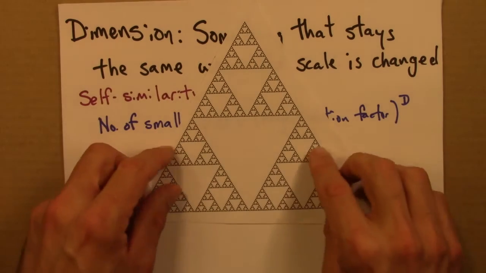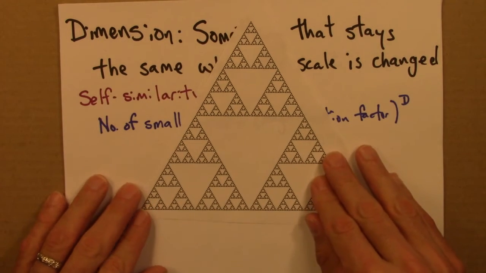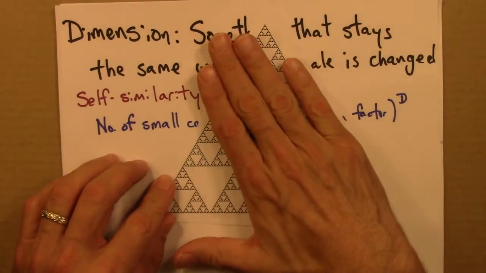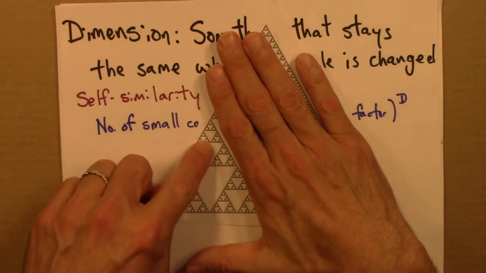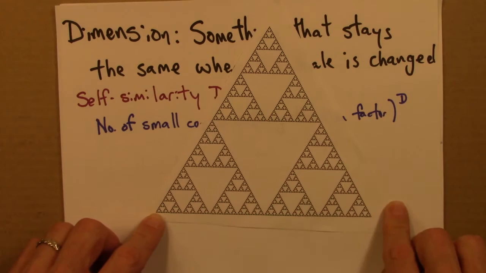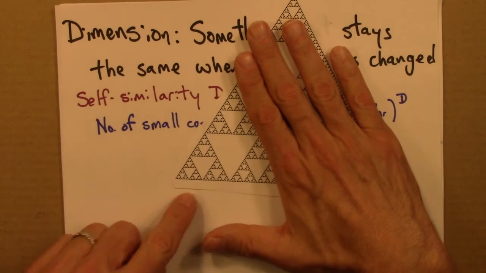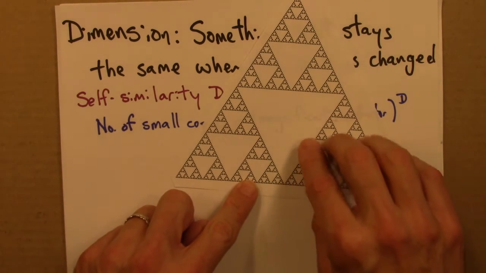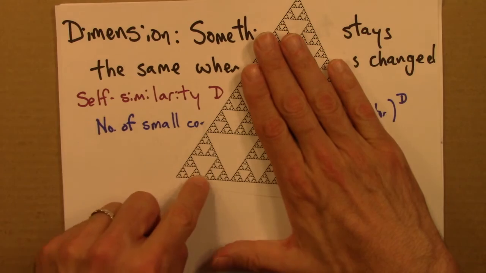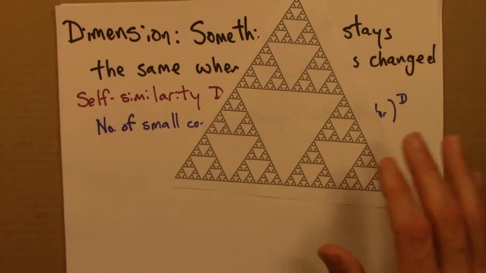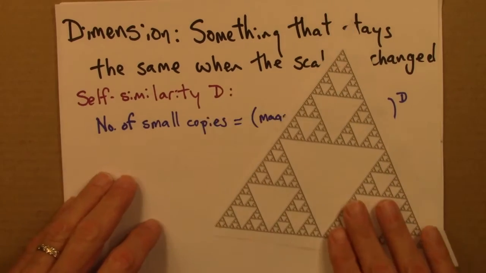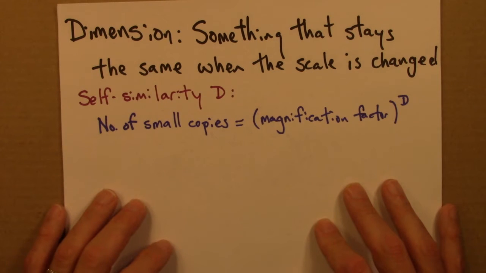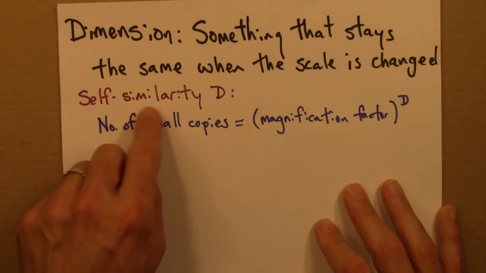For example, the Sierpinski triangle consists of 3 triangles, and this triangle is half the size of the big triangle. Here's a small triangle that's half the size of this triangle, which is in turn half the size of that triangle, and every time we look at another triangle, we see that it's made up of 3 triangles. So that halving of size, tripling of triangles, is a relationship that stays the same across scales. That's how we started thinking about dimensions, with this idea of the self-similarity dimension.